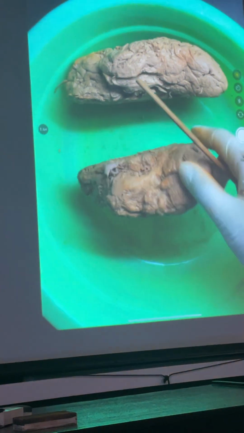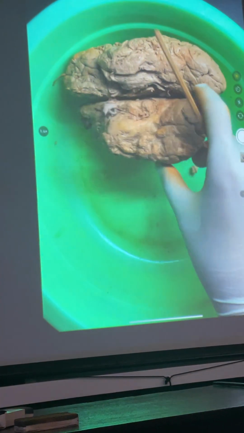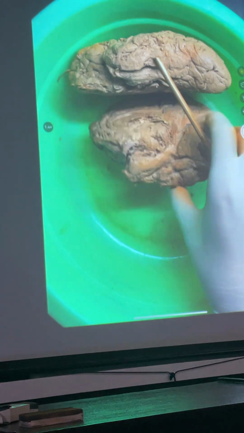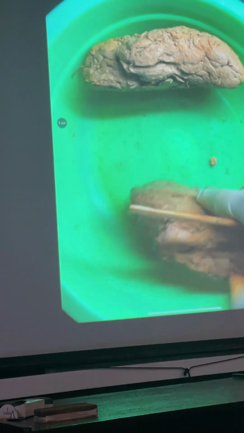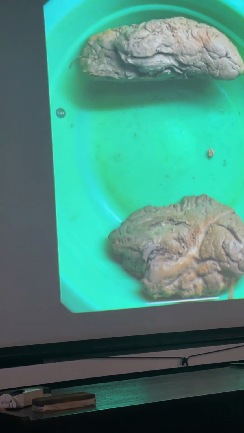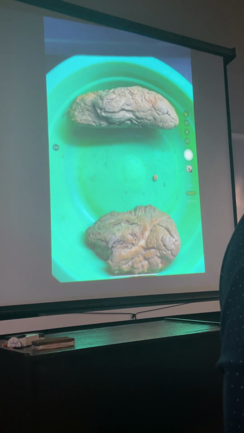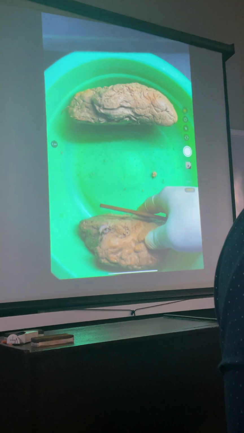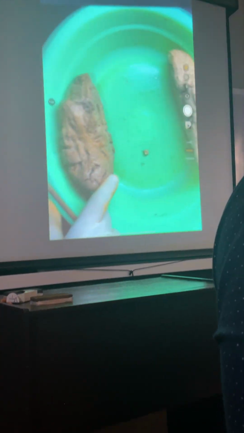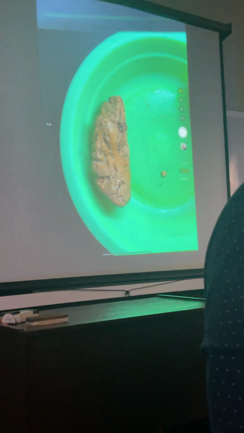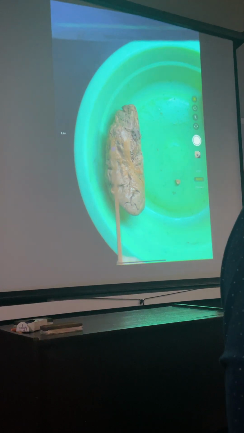Now I want you to see this model because it looks a bit better compared to the other one. This is the inferior temporal gyrus.